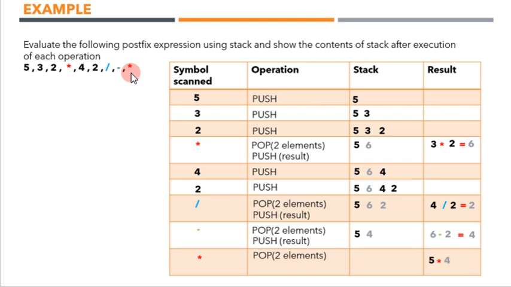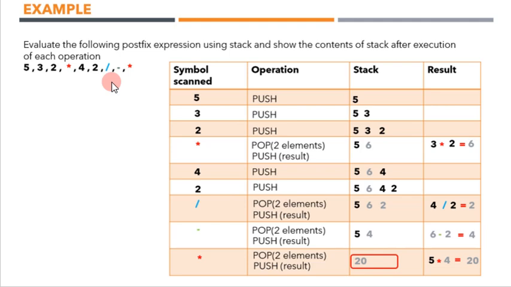Perform the calculation, find the result and push the result back into the stack. So now we have reached the end of the expression, and if you look inside the stack, the last answer inside the stack is the result of this evaluation. Okay, so that's how we evaluate a postfix expression. Hope it was simple and cool.